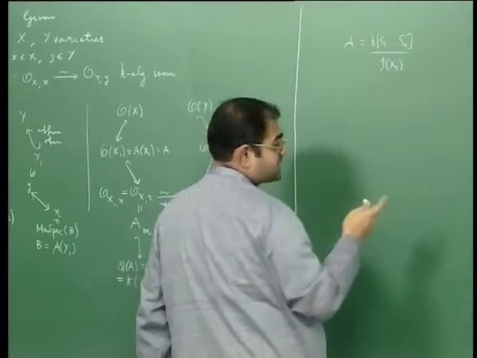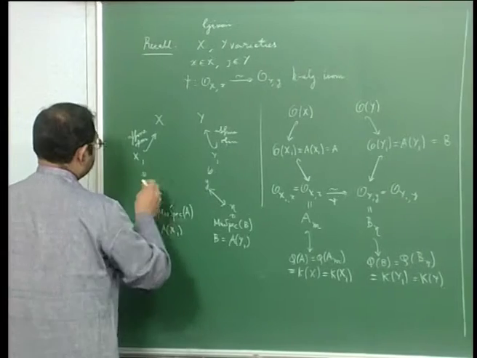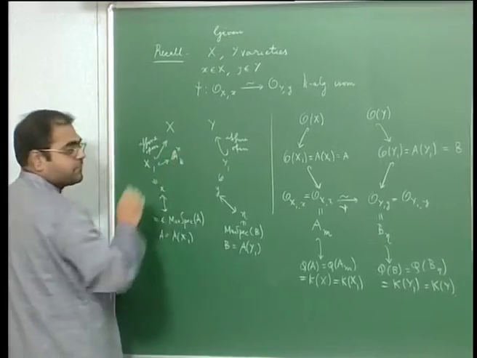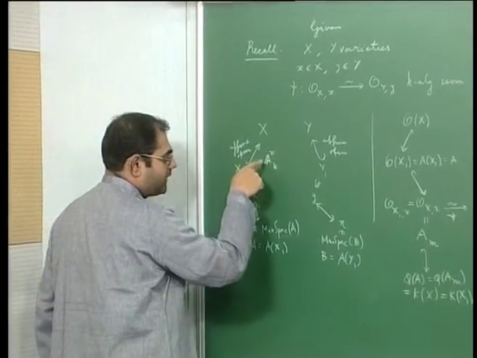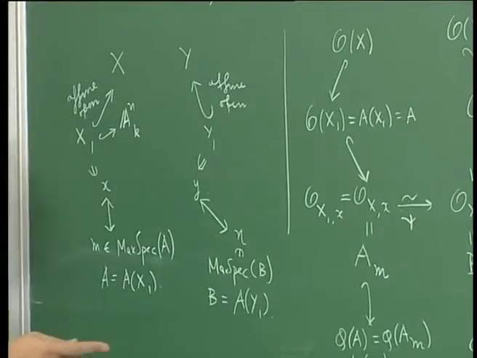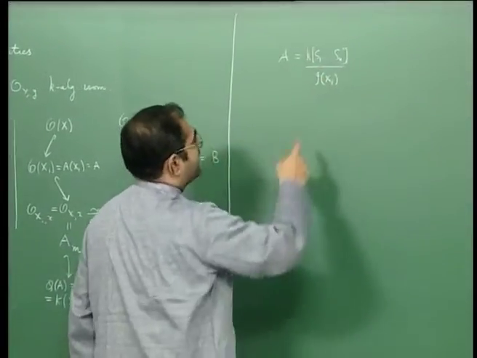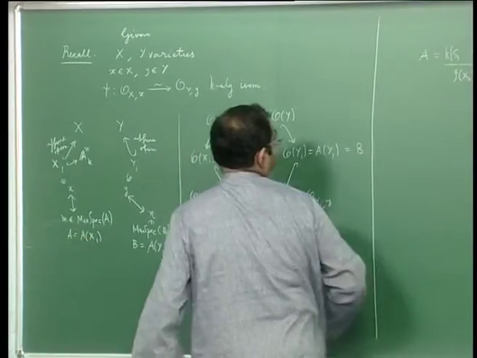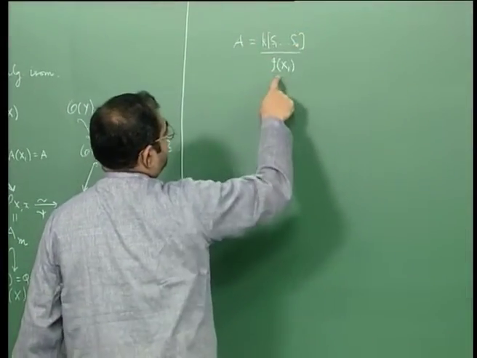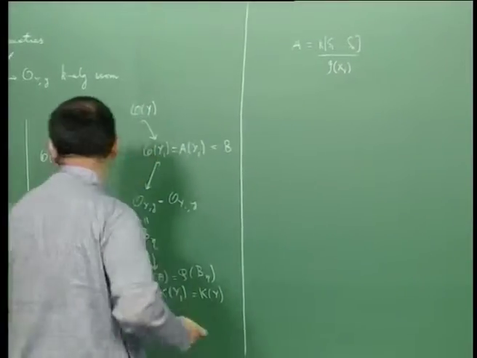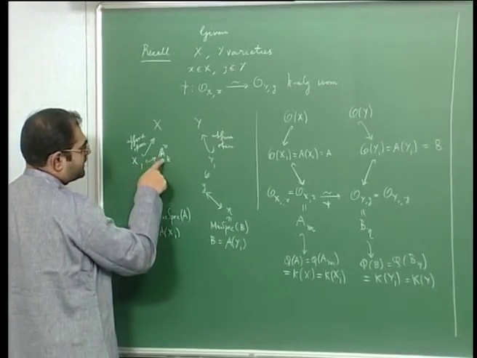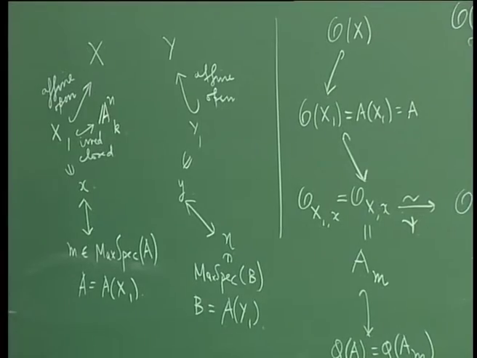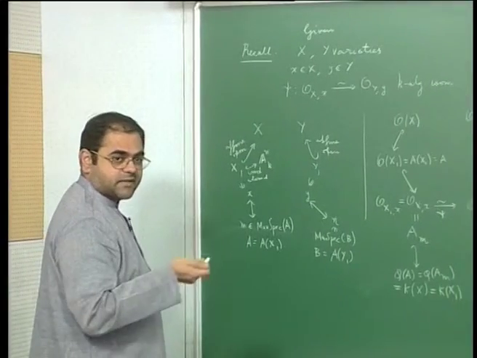Because x1 is an affine variety, okay, x1 sits inside some A^n, and if you take the affine coordinate ring of A^n as a polynomial ring in the variables s1 through sn, then the affine coordinate ring of x1, which we call A, is going to be just this polynomial ring divided by the ideal of x1, where of course here x1 is being considered as an irreducible closed subset of A^n, which identifies it as an affine variety, right.